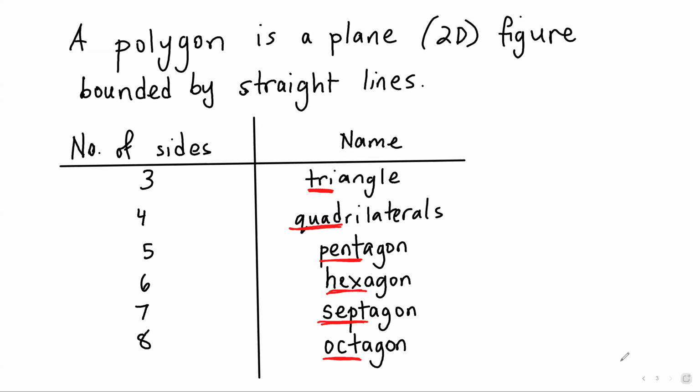Now, you also have regular polygons and irregular polygons. Anybody knows what's the difference between a regular polygon and an irregular polygon? Regular polygon has all equal sides. Correct.